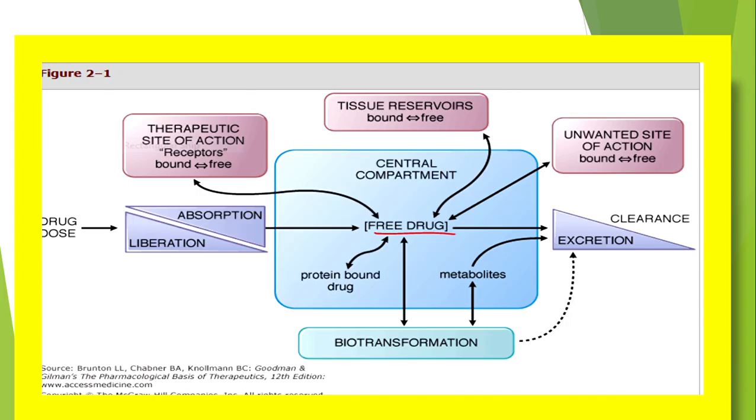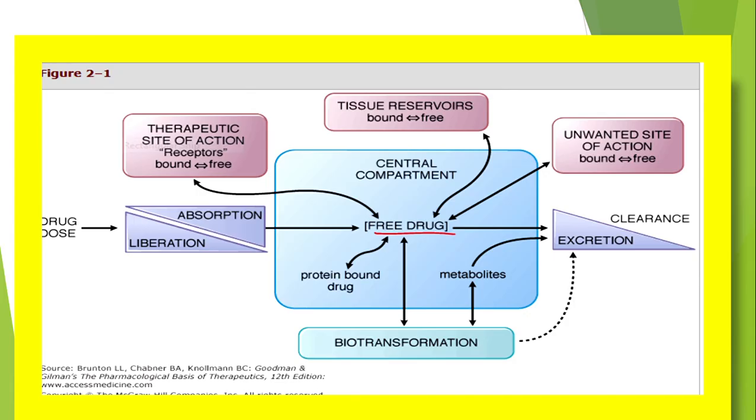This picture shows how a drug is first of all liberated. There will then be absorption, then metabolism and excretion. That is ADME, and the free drug will be the active drug that will give the action.